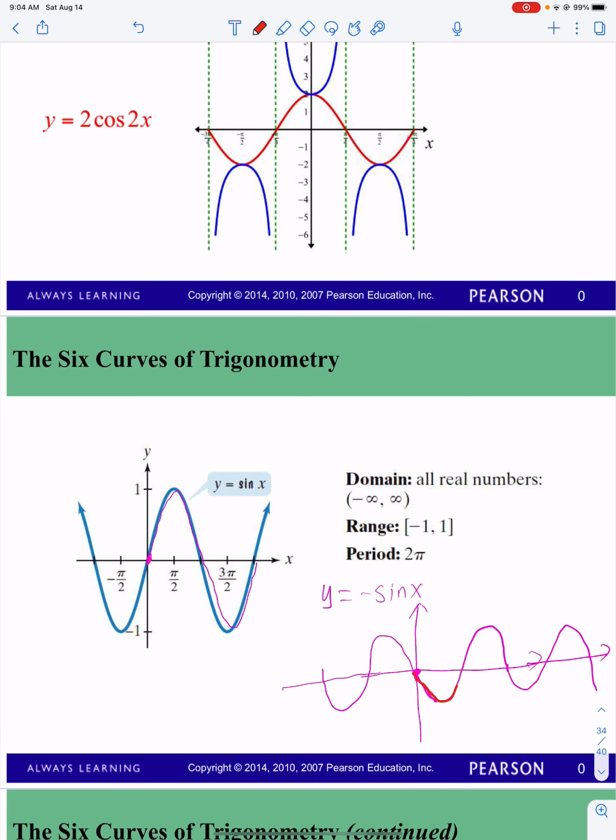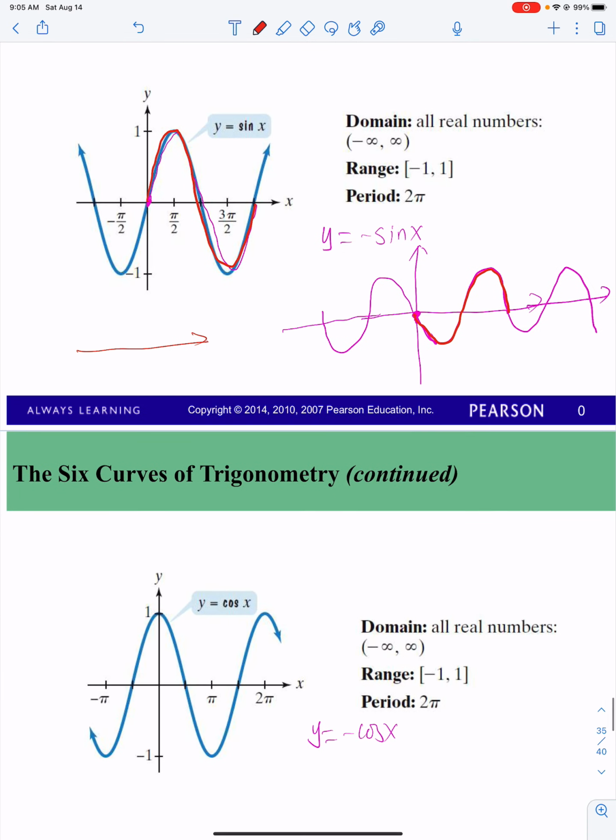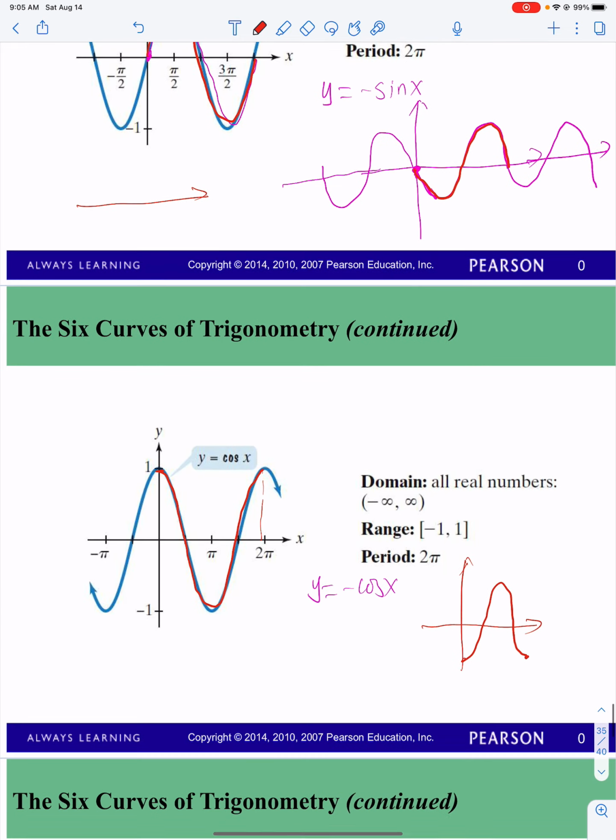Negative sine always goes from the origin down, and positive sine goes up. Similarly, cosine starts from above. So what will be negative cosine? It's from below. This will be the most important thing here.